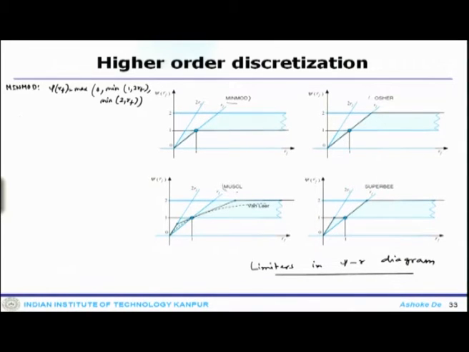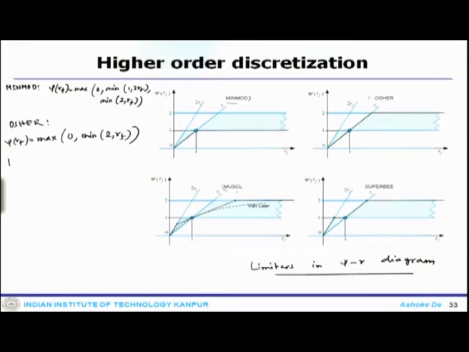Then similarly, the Ussher limiter. For Ussher, psi Rf is the maximum of 0, minimum of 2 and Rf. So, it takes the 0 and the minimum between 2 and Rf.